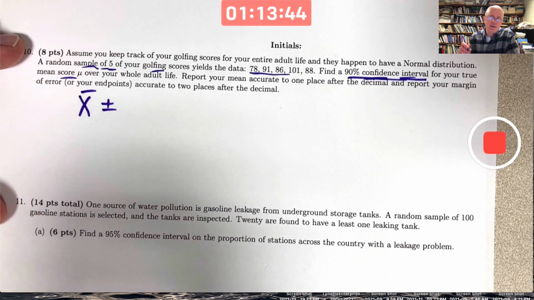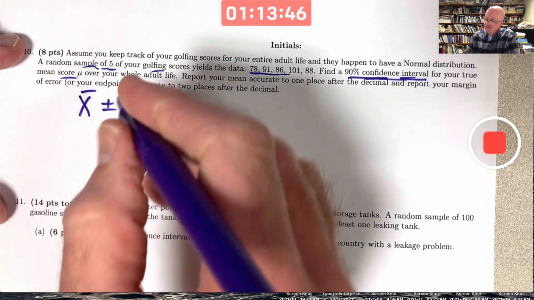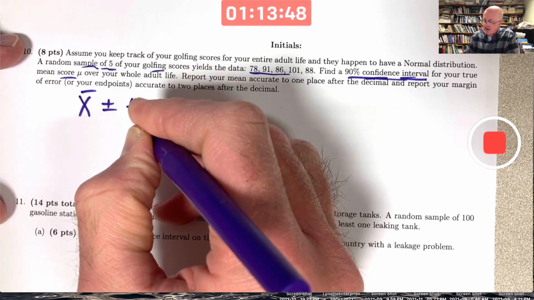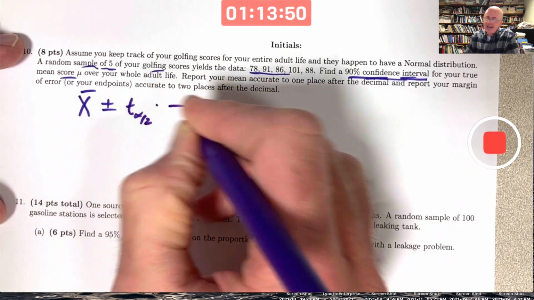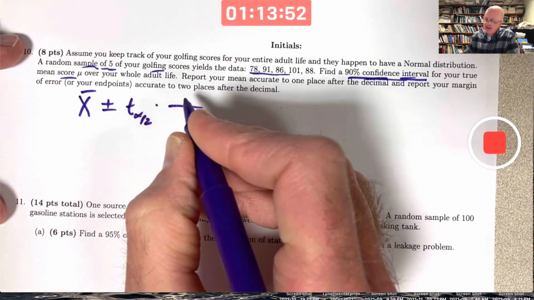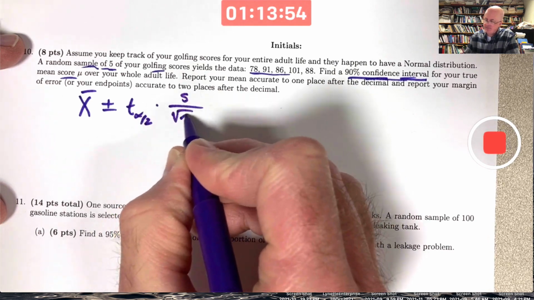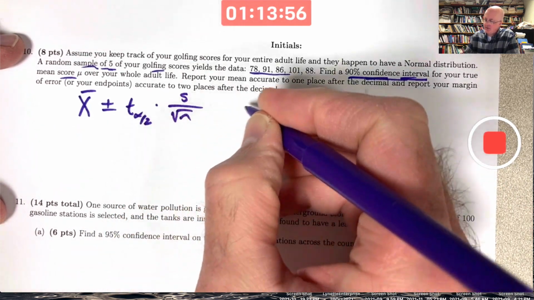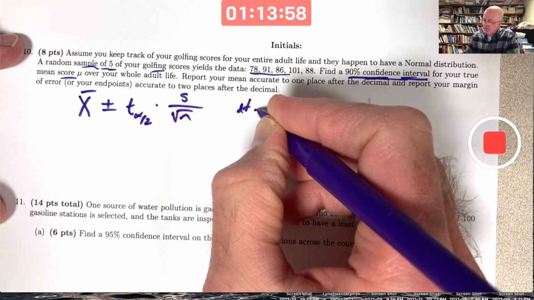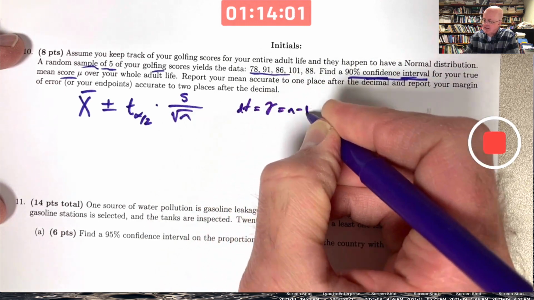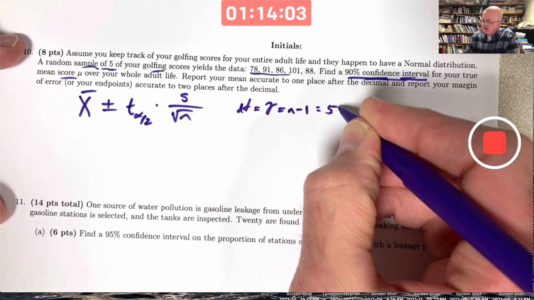And there's a certain number of degrees of freedom you have to think about. Instead of z sub alpha over 2, it's t sub alpha over 2. And instead of sigma over square root of n, it's s over square root of n. And the degrees of freedom, df, or gamma if you prefer, is n minus 1 in this setting. N is 5, so this is 5 minus 1, or 4.